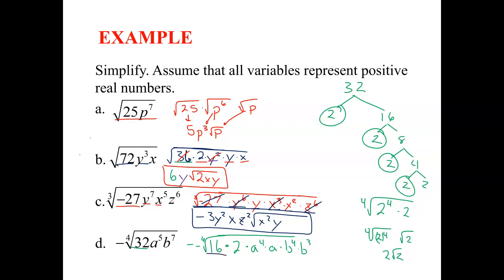So what's the 4th root of 16? 2. Leave the 2, 4th root of a to the 4th is a, 4th root of b to the 4th is b, good. So everything else, the 2, the a, and the b to the 3rd will stay inside, and because it's negative, make it negative.